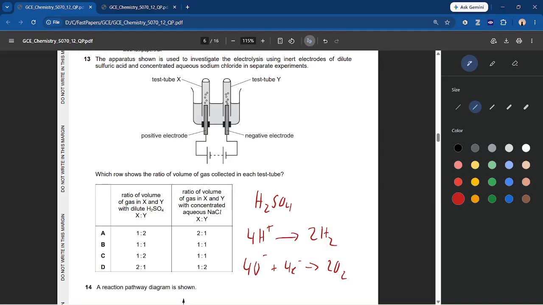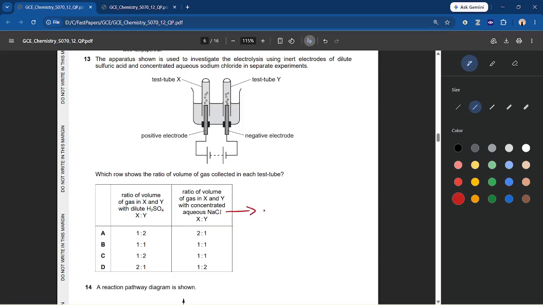Ratio of volume of gas in X and Y with dilute H2SO4. X is to Y. No, wait, 1 second. Let me just take a look at this again. H2SO4. So for sodium chloride, because it's concentrated, let's take a look at this first.